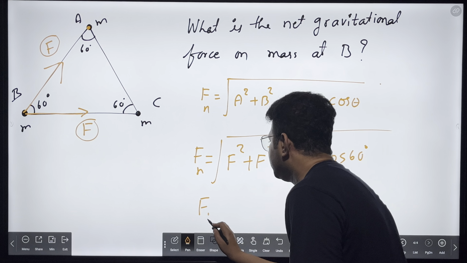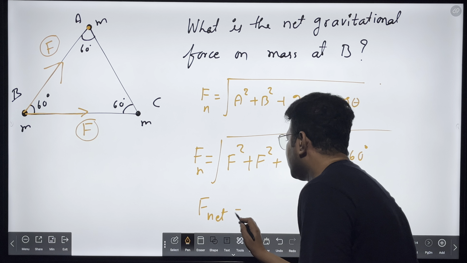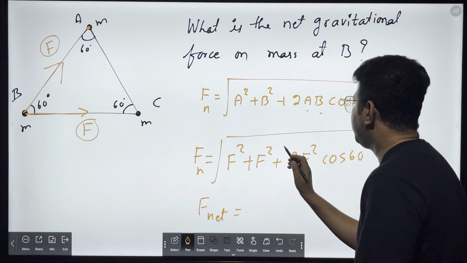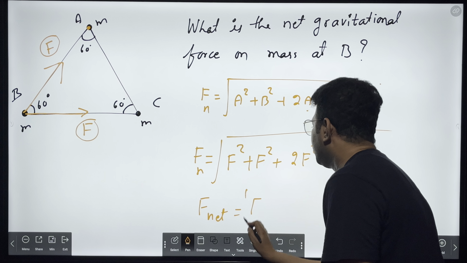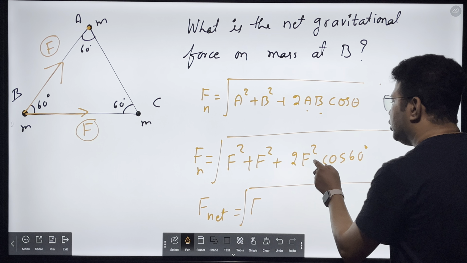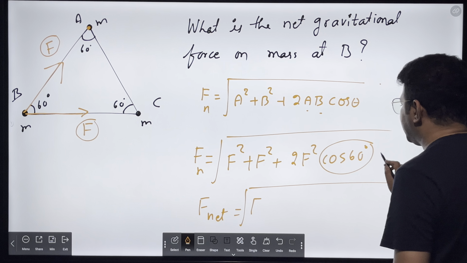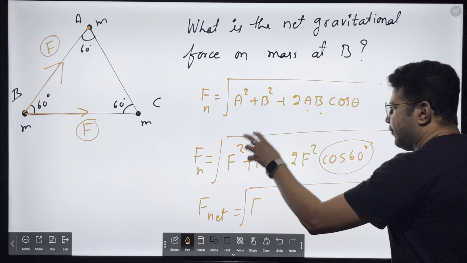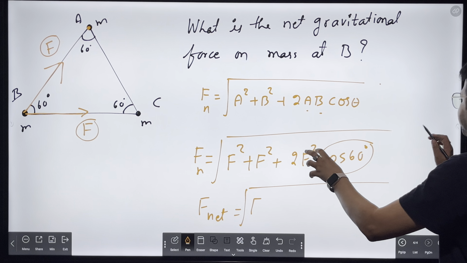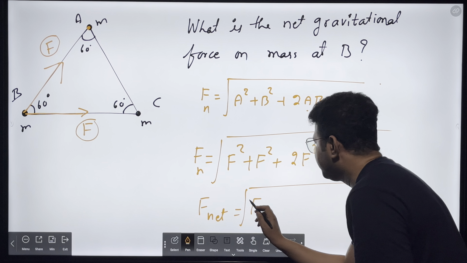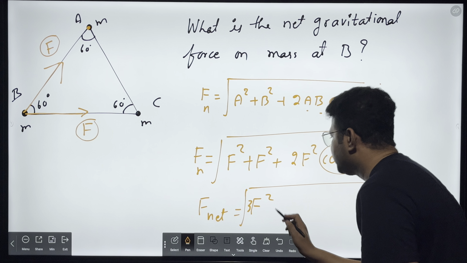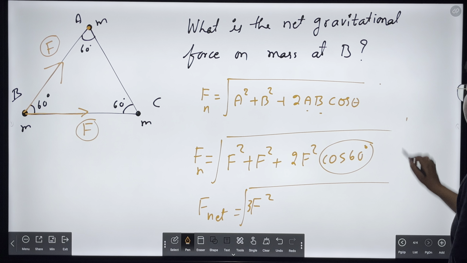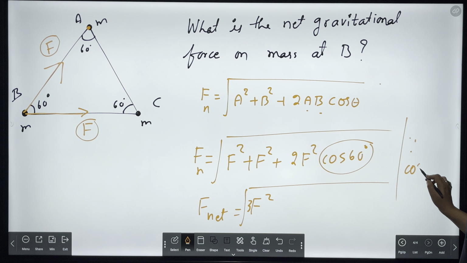Net force will be equal to F square plus F square, 2F square. Cos 60 is half, correct? Half. So that 2 and 2 gets cancelled. Here also we get F square plus F square plus F square, 3F square, square root of 3F square. Okay, because why? Since cos 60 is equal to half.